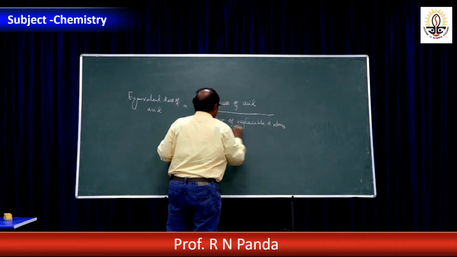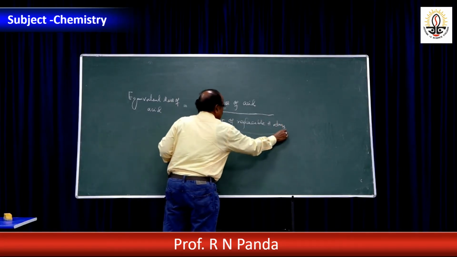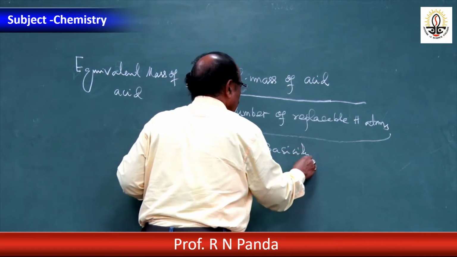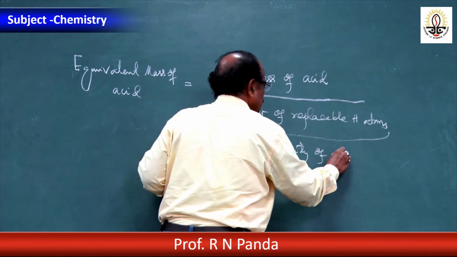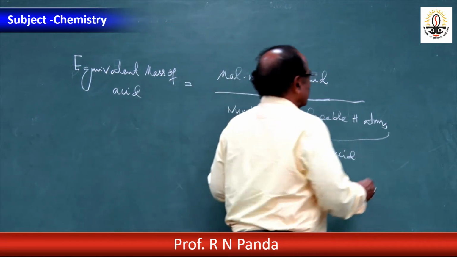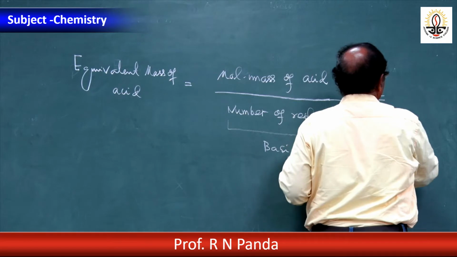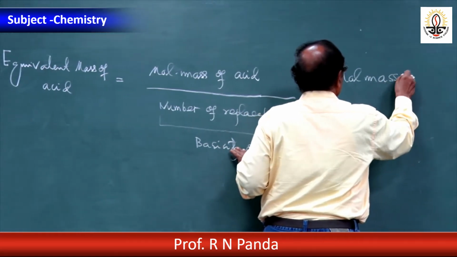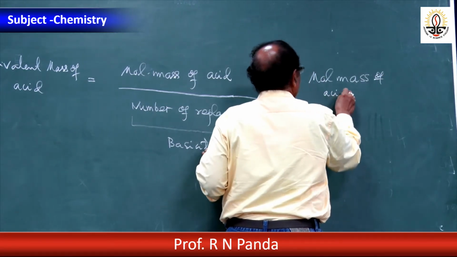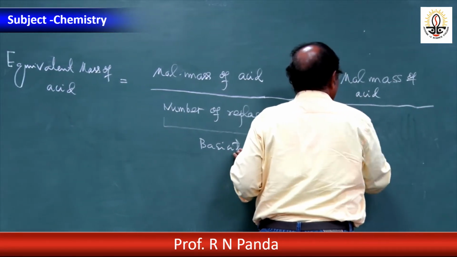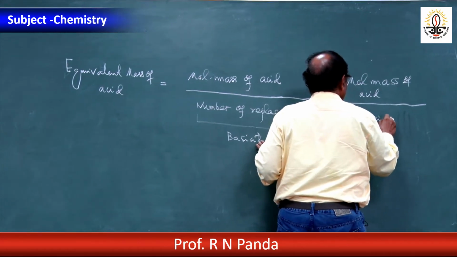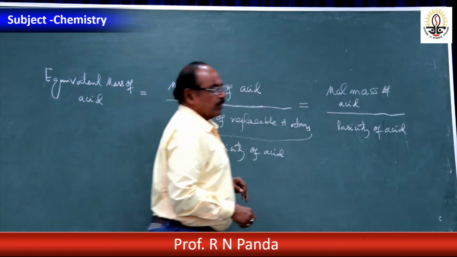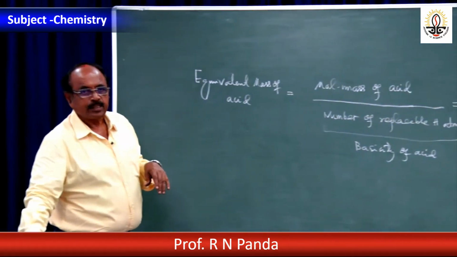This number of replaceable hydrogen atoms is called the basicity of the acid. So, we can say the equivalent mass of acid is equal to the molecular mass of acid divided by the basicity of the acid. This we have already discussed, to determine the equivalent mass of acid.